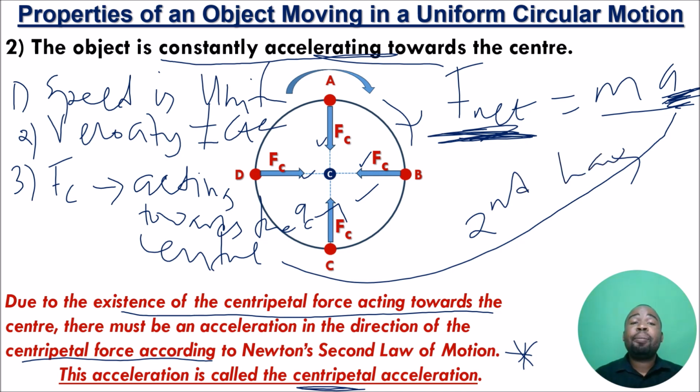Since there is some force acting towards the center, remember I said this force is responsible for keeping the object in a circular path. There must be an acceleration which is in the same direction as the force which is towards the center. This is, in a nutshell, the properties of an object moving in a circular trajectory.